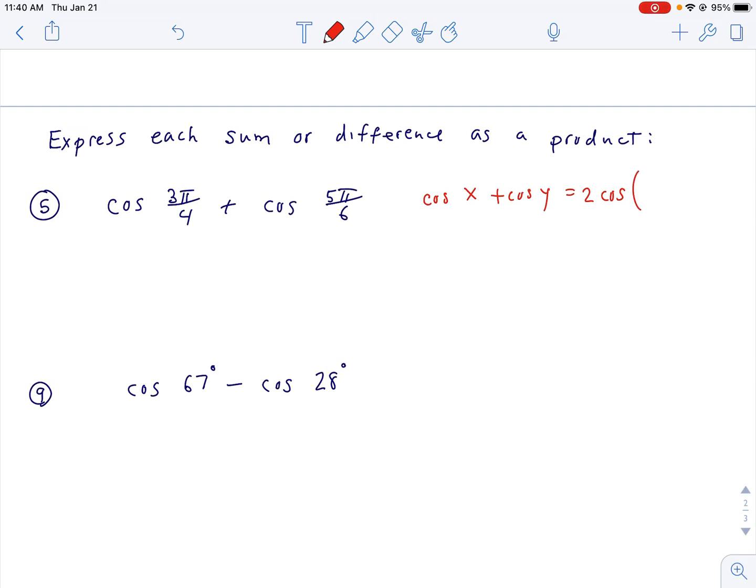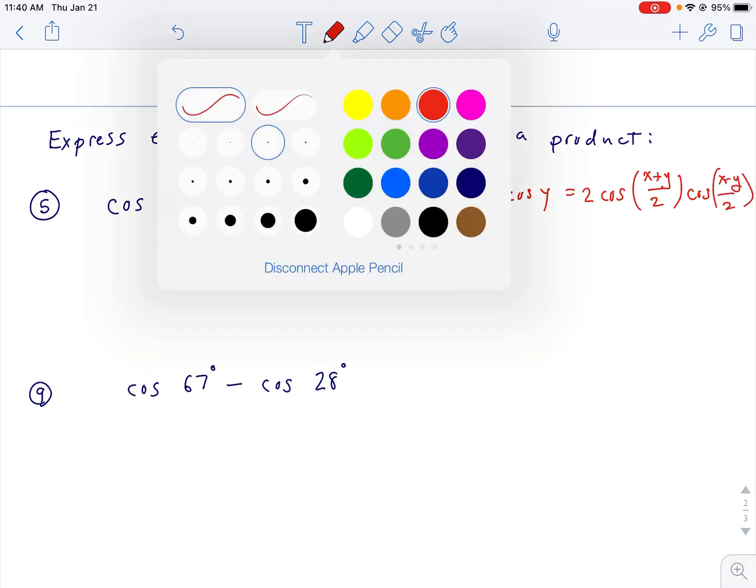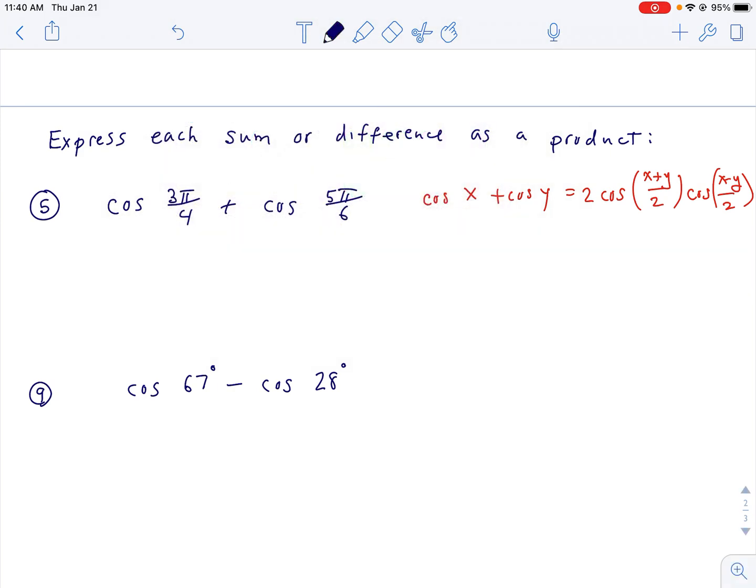We've got a parentheses with a fraction in here. The fraction is x plus y over 2, times the cosine, another parentheses, x minus y over 2. I know they're ugly. These are ugly identities, but because you can look them up, they're not that bad.